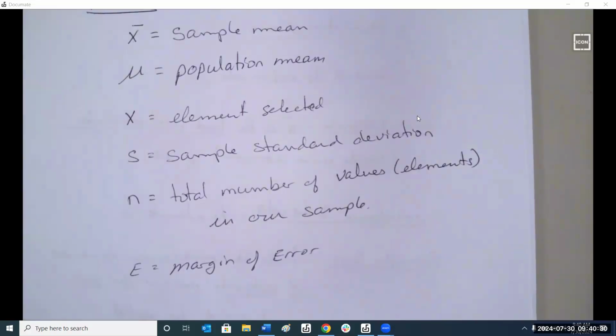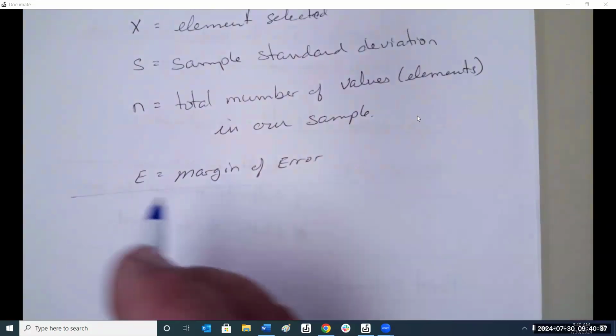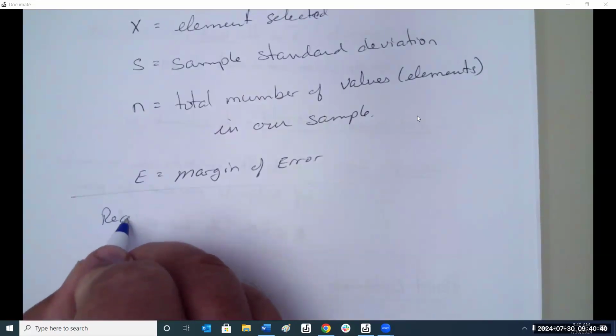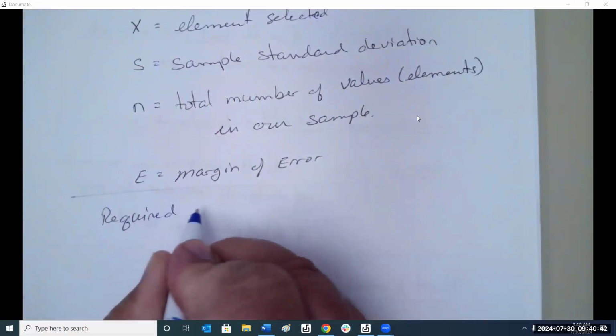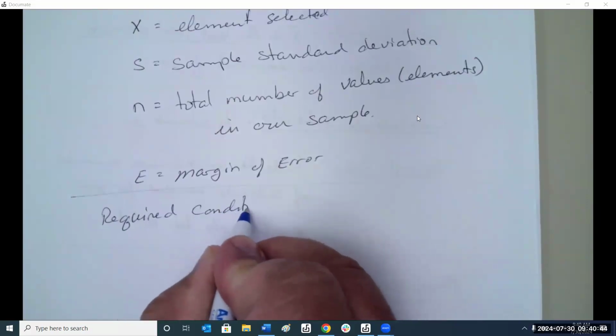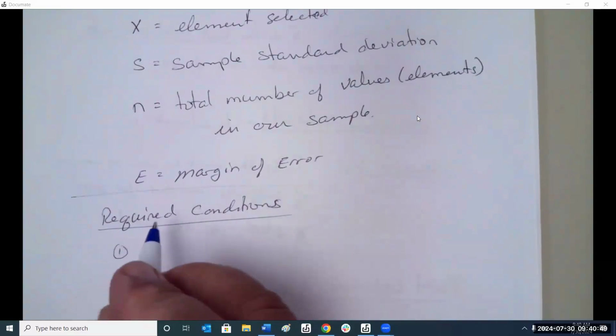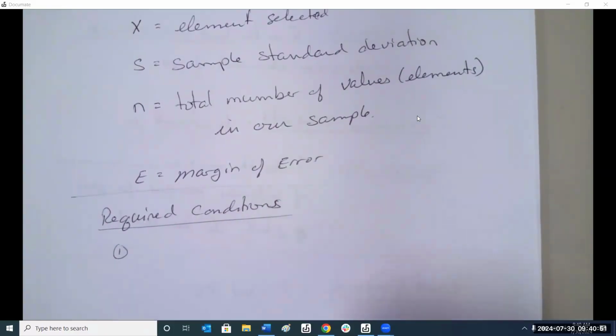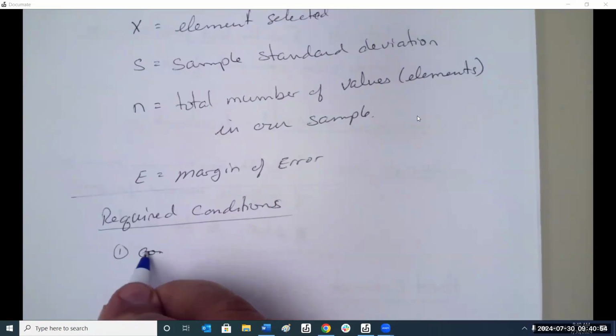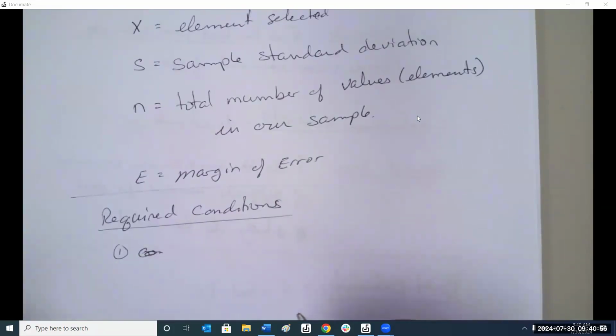As you read there, in order for this to be valid, we have the same conditions we had yesterday. The required conditions: they have to be continuous. Actually, there were four conditions yesterday.